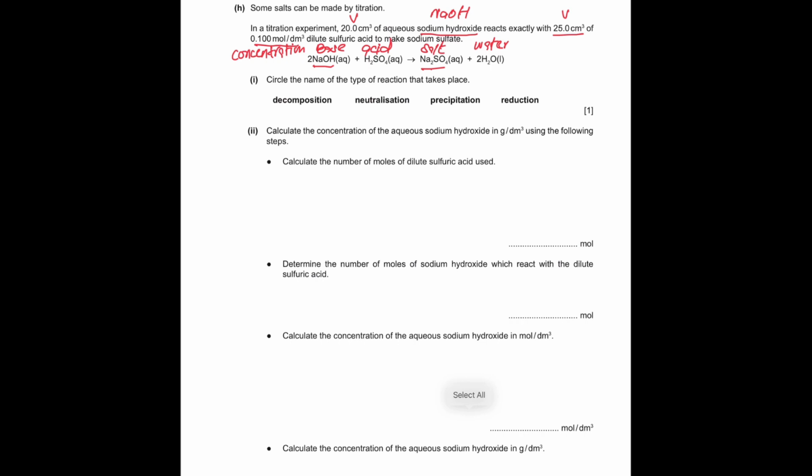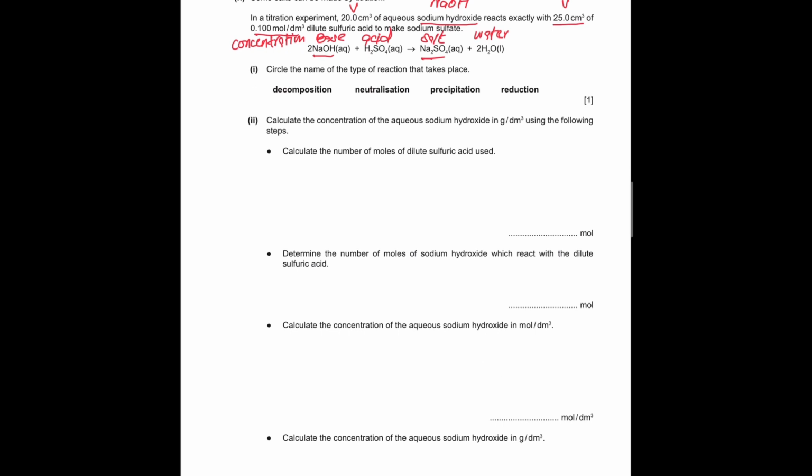Sodium sulfate is Na2SO4. Circle the name and type of the reaction that takes place. When an acid reacts with a base, that is a neutralization reaction.